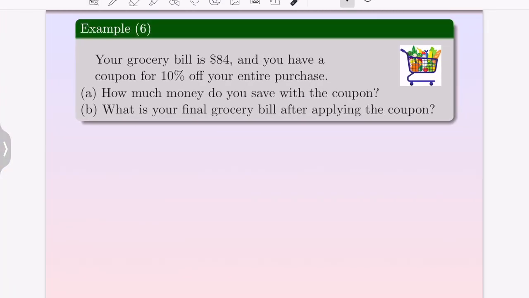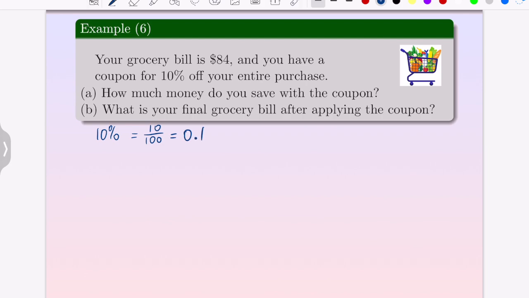Example 6, your grocery bill is 84 and you have a coupon for 10% off your entire purchase. How much money do you save with the coupon, and what is your final grocery bill applying the coupon? So first we change 10% to decimal, so it's always 10 out of 100, so it's 0.1.